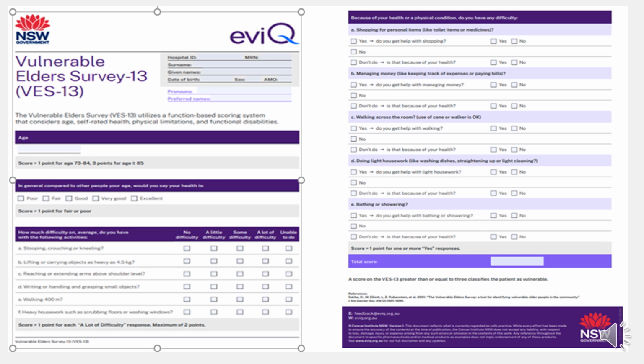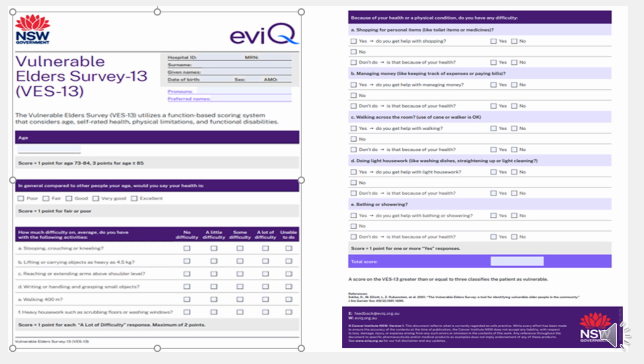This again is the Vulnerable Elders Survey, again on EVIQ. It is a self-reported questionnaire designed to identify patients who may benefit again from that more comprehensive assessment. So 13 questions. The VES-13 helps to identify our older adults who are more vulnerable and may need more in-depth support or interventions.